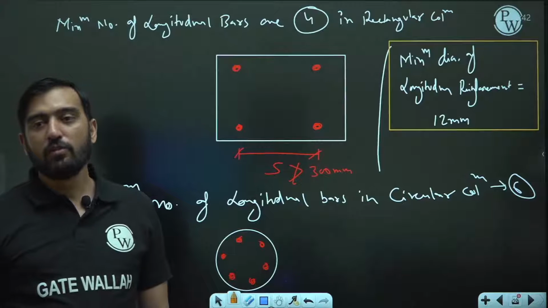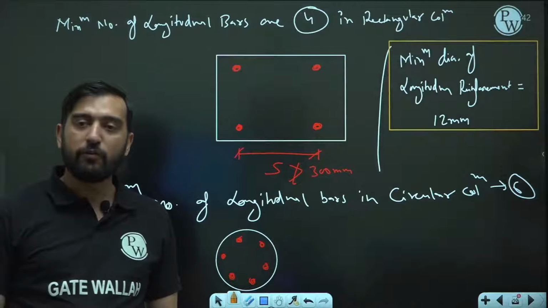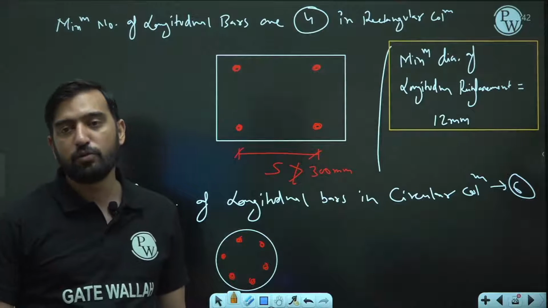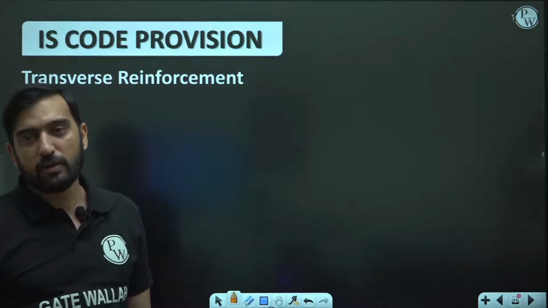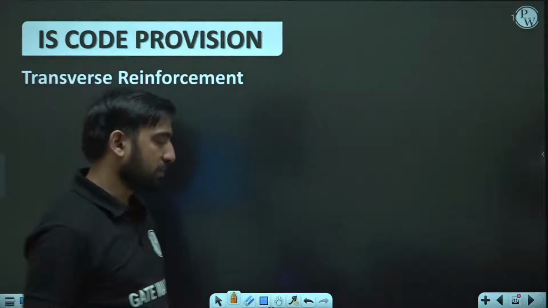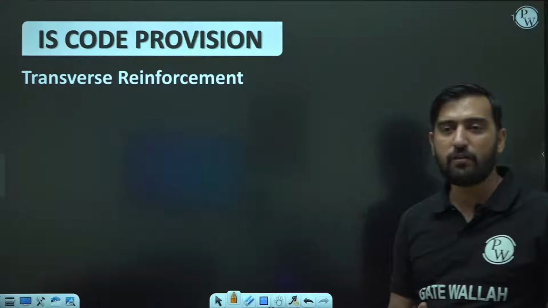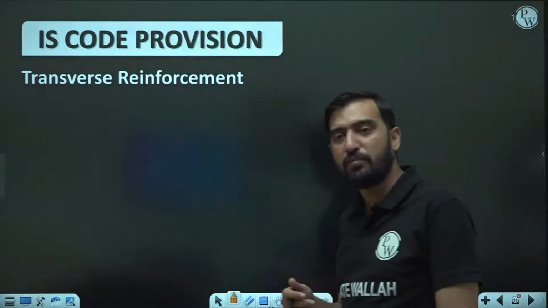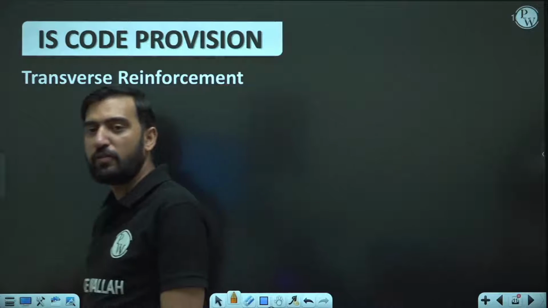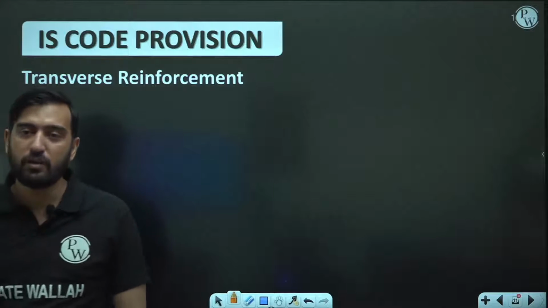So now after the longitudinal reinforcement we can go to transverse reinforcement. The very first thing, why we need transverse reinforcement? Like we do have shear stirrups in beams, in the same way we have transverse reinforcement in our column.